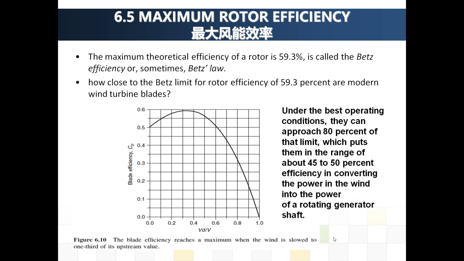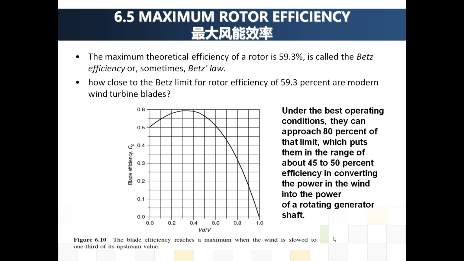This means, in theory, the maximum efficiency of a rotor is 59.3%. So the maximum wind turbine efficiency is 59.3%, and that is called the Betz efficiency, or sometimes the Betz law.